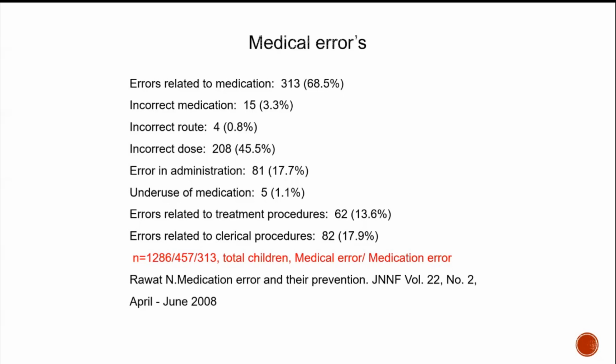Errors related to treatment procedures were 62, and errors related to clerical procedures were 82. So this shows that the medical errors are too much and we need to minimize them in order to have a better patient outcome.